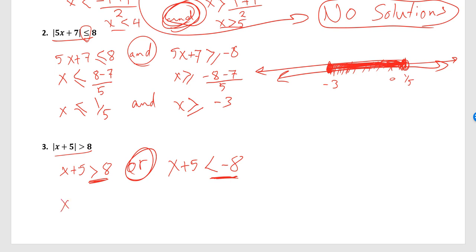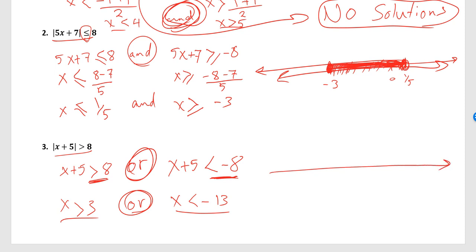Solving for x, we have x is greater than 3, right? 8 minus 5. Or x is less than minus 13. Graphing this on the number line, we have 0 somewhere here, we have 3 here, and we have minus 13 here.